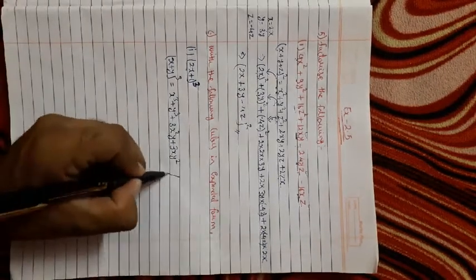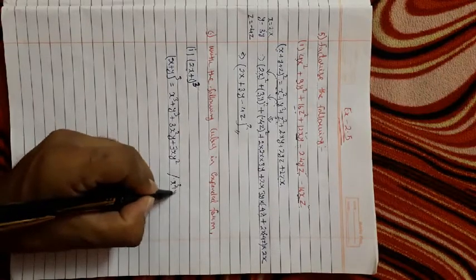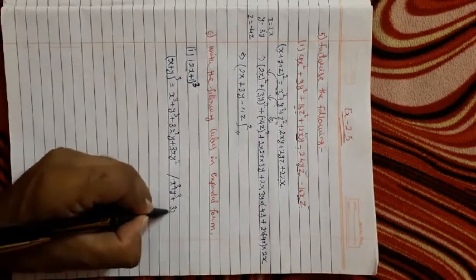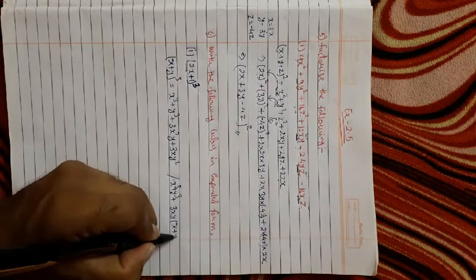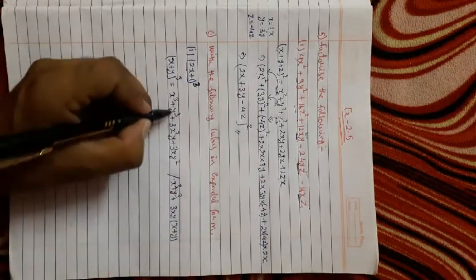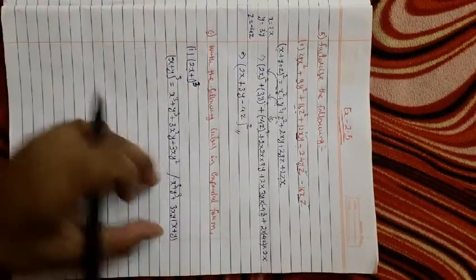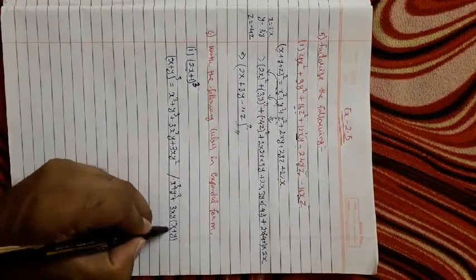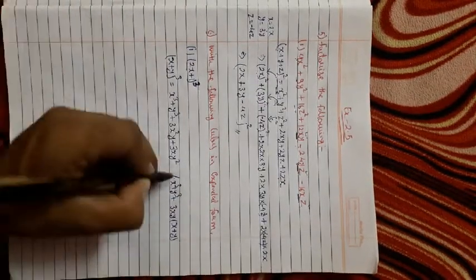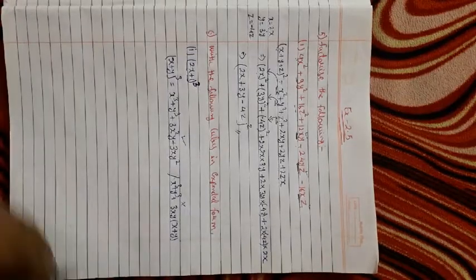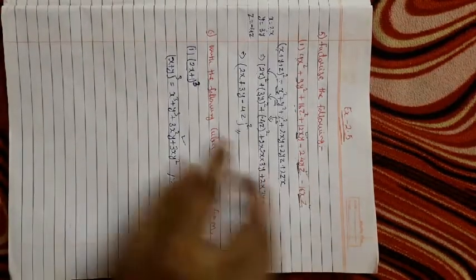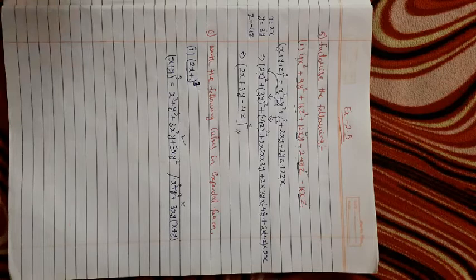Instead of this, you can also use x cube plus y cube plus 3xy into x plus y. So these are two identities, they both are the same. When we multiply 3xy with x and y, we get these two terms. So we'll use only the first one, not the second one.